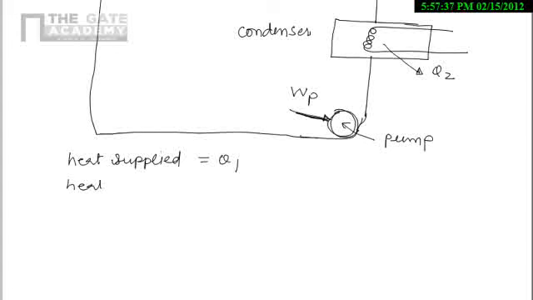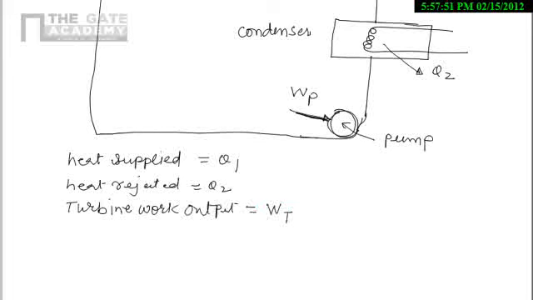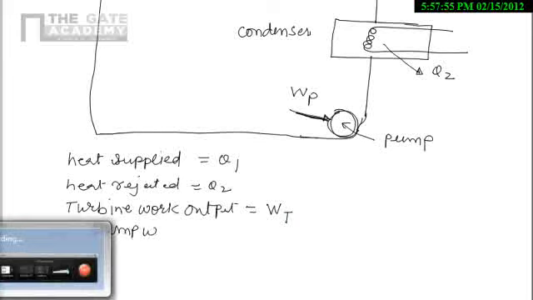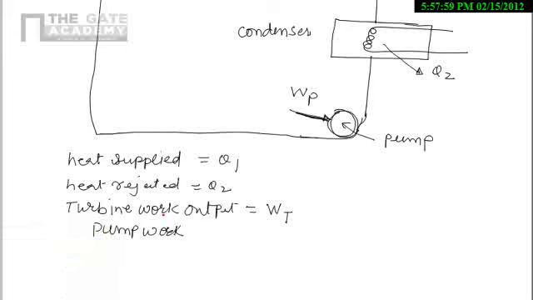Heat rejected, that is Q2. Turbine work output, that is WT. Then pump work, this one is WP, that is pump work.